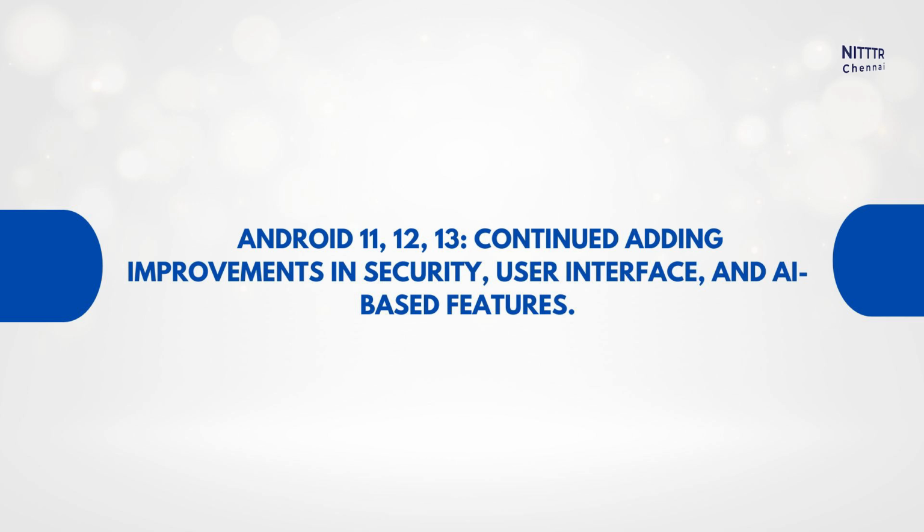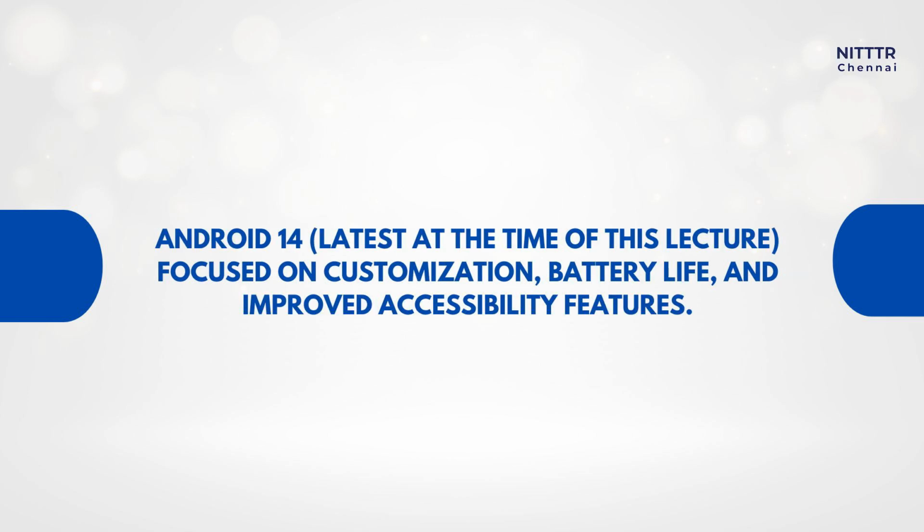The other versions, Android 11, 12 and 13, continued adding improvements in security, user interfaces and AI-based features. And we have another version, Android 14, which is the latest at the time of this lecture, focused on customization, battery life and improved accessibility features. Each version builds upon the previous one, refining the architecture and the user experience.